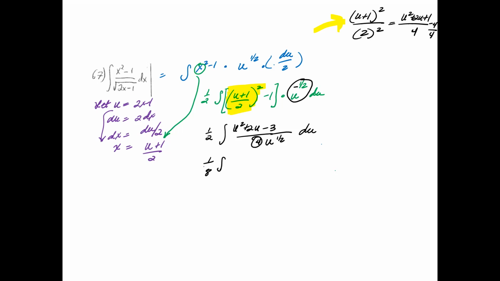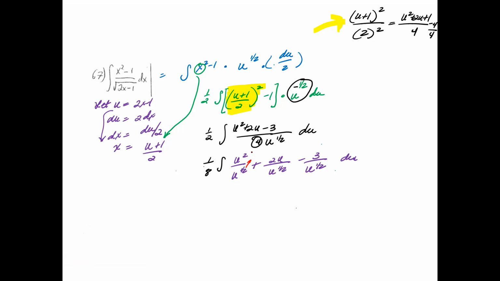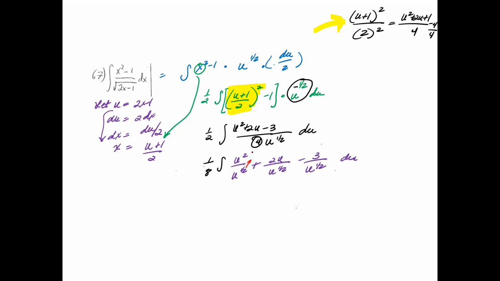And what I'm going to do is break this fraction apart. So I have u squared over u to the 1/2 plus 2u over u to the 1/2 minus 3 over u to the 1/2 du. Now, if I move that 1/2 up, it's going to be a minus 1/2. So I have u squared times u to the minus 1/2.